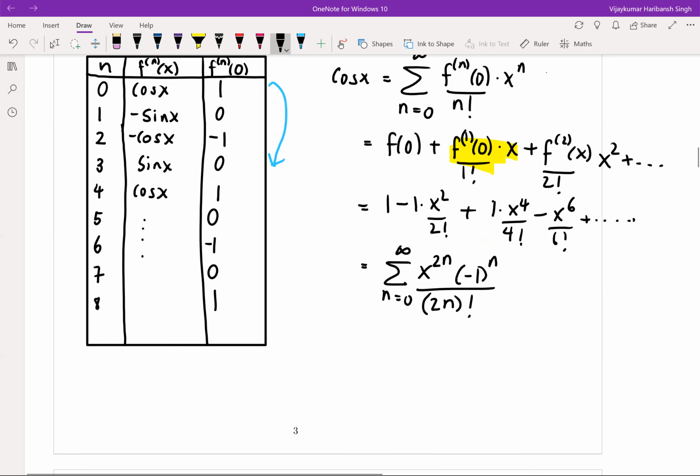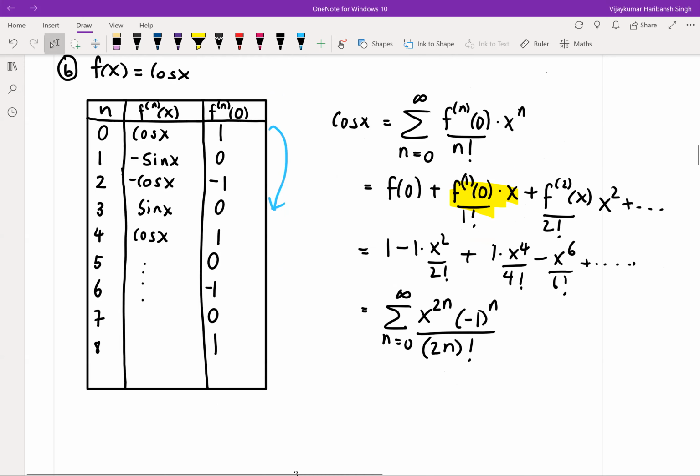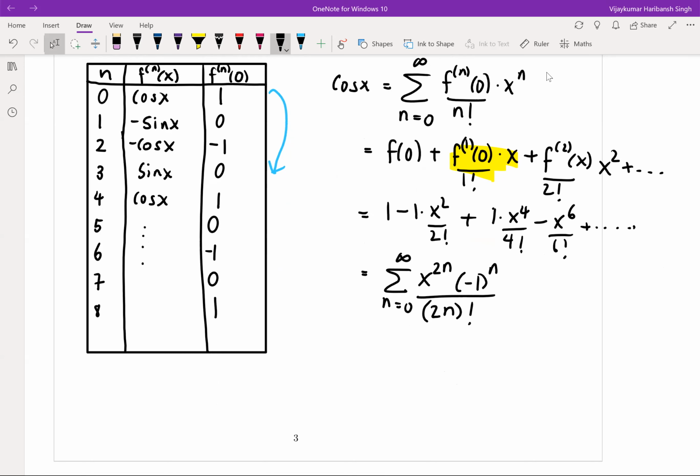Okay. Another way to do this problem properly is the following. You can break the series into two parts. Even numbers are of the form 2k, and odd numbers are of the form 2k plus 1. So instead of n, I'm using k and 2k.